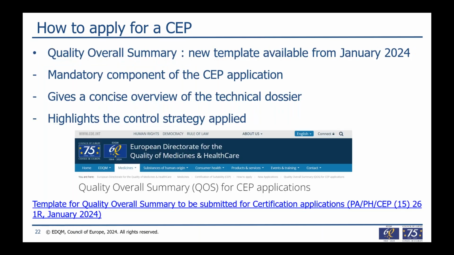The CTD dossier should also include a quality overall summary. As a reminder, the QoS is a mandatory component of the dossier, which gives an overview of the control strategy. And since January 2024, we have a new template available on our website that you can access as shown on the slide.